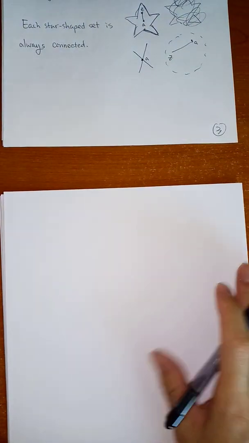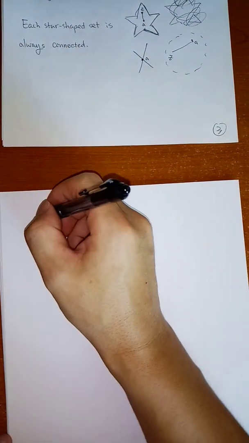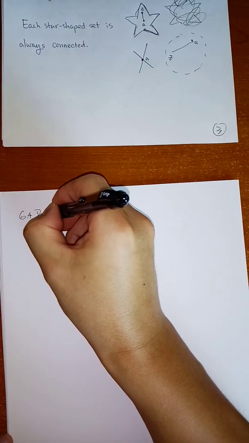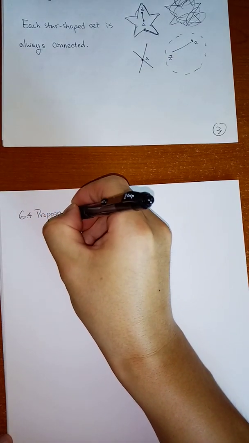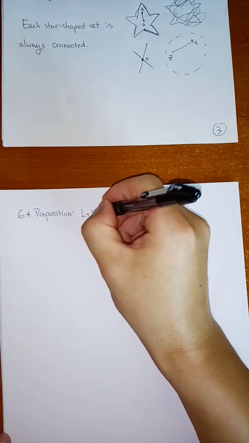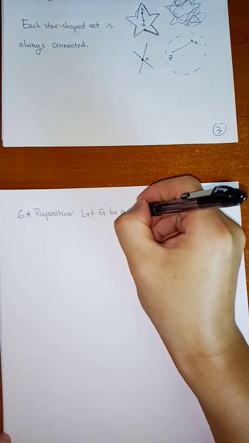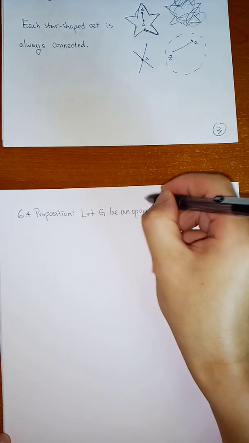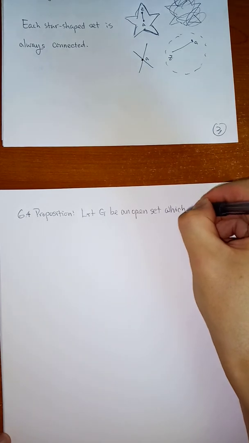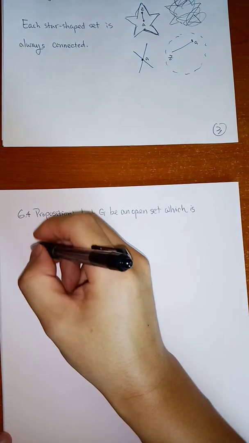The proposition is the following: 6.4. Let G be an open set which is A-star-shaped.